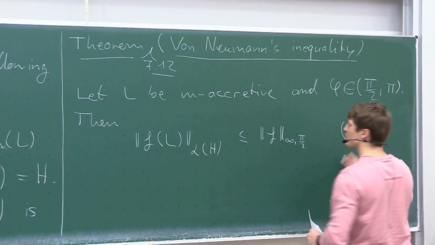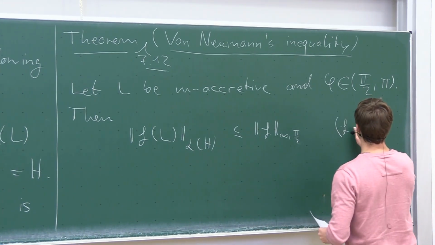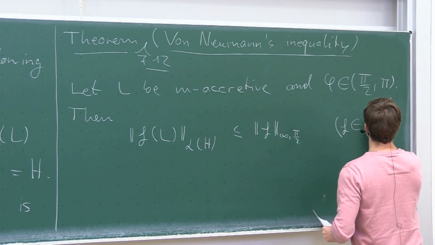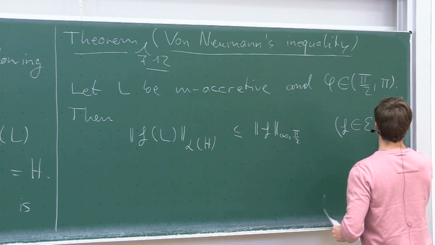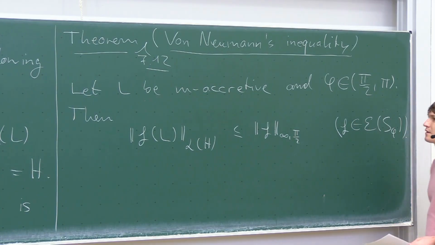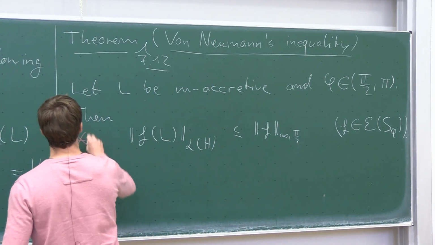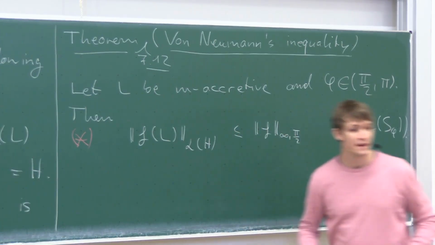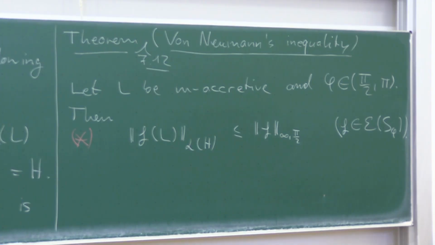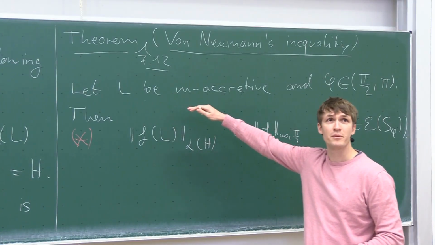But I still have to tell you for which class of functions we can prove this inequality, and this is for all functions f in the Dunford-Riesz class, E of S phi. All right, and in the following, I will always denote this inequality by star. Now, I didn't assume that L is an injective operator.